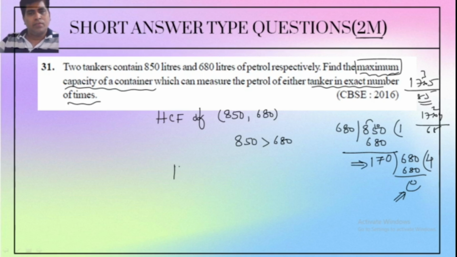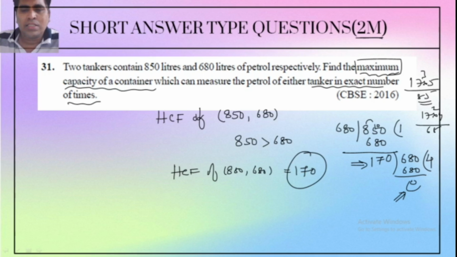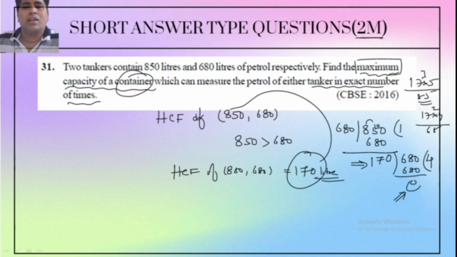So the HCF of these two numbers, 850 and 680, is 170. A 170 liter container we have to take to measure this and this an exact number of times.